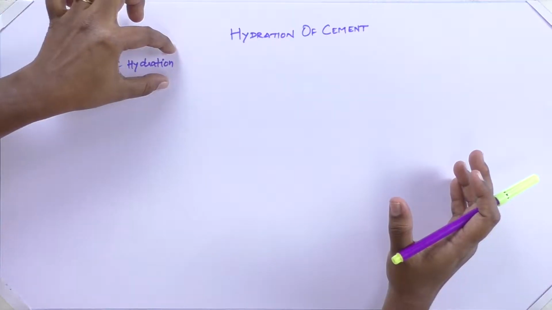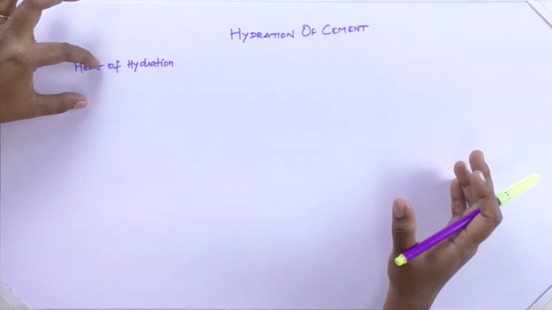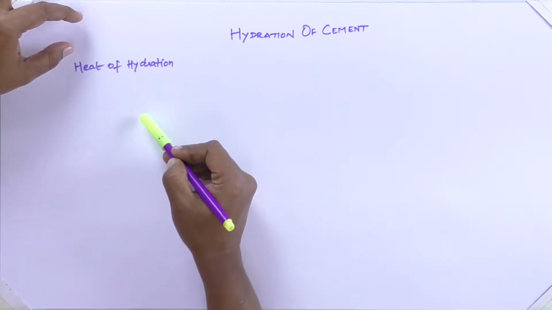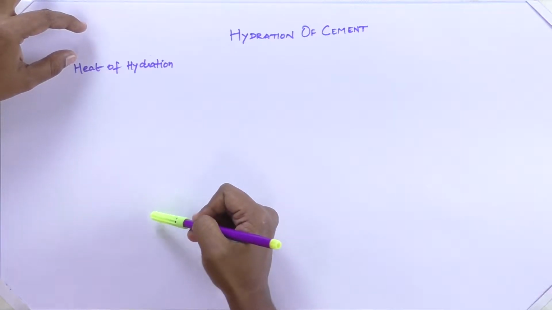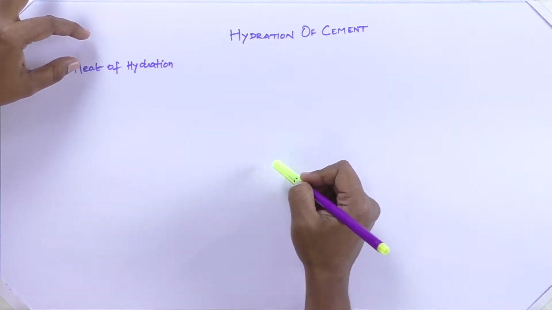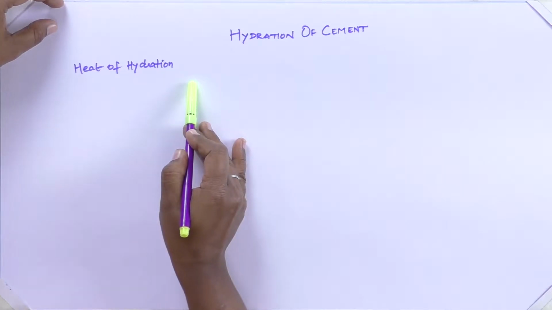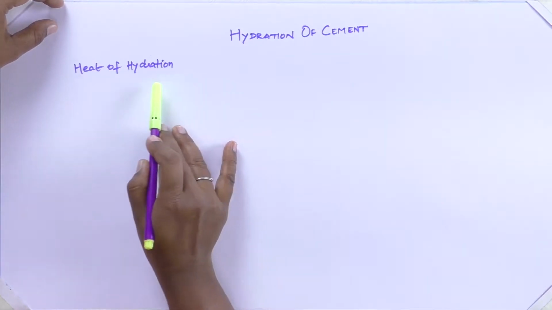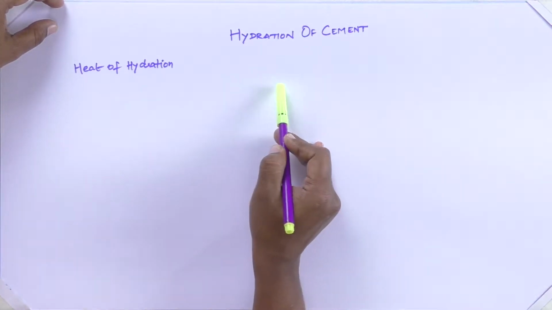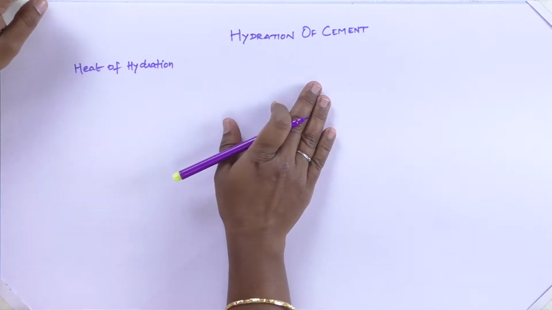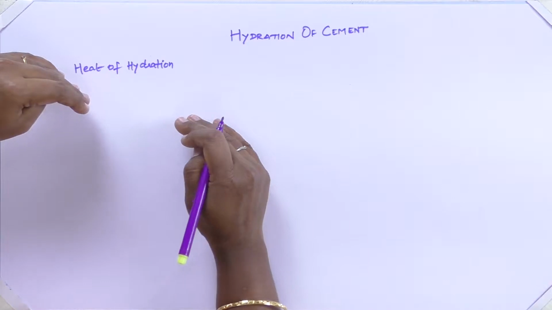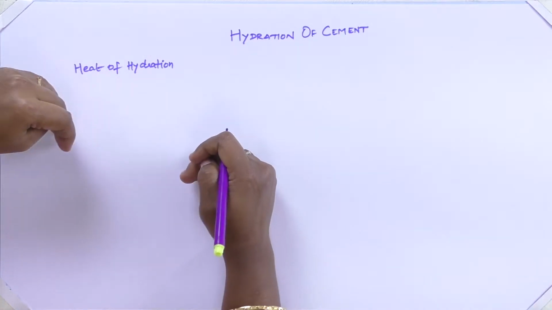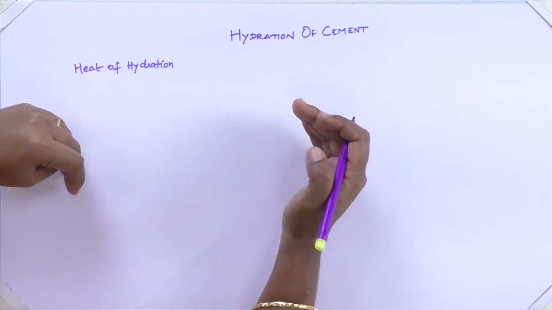So this heat of hydration is nothing but how much heat the individual compounds will liberate when reacted with water. That is called the heat of hydration of individual mineral compounds. Let us see the heat of hydration of individual compounds when reacted with water.